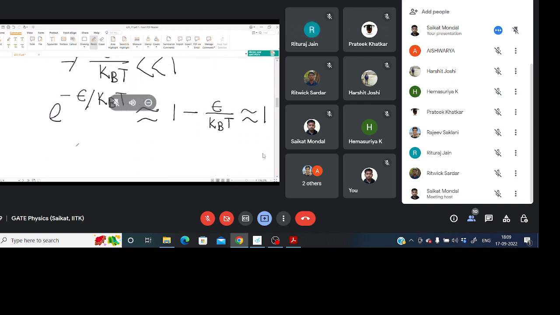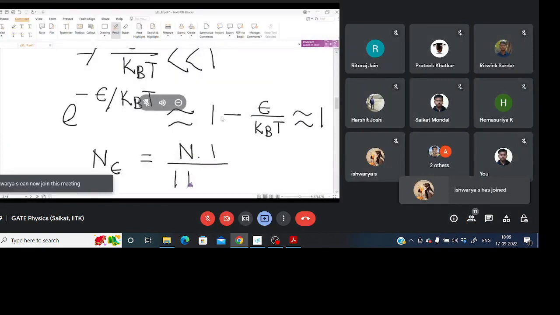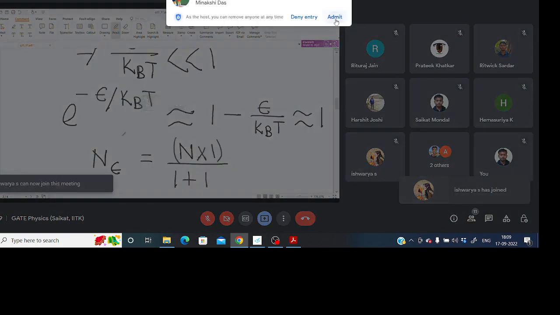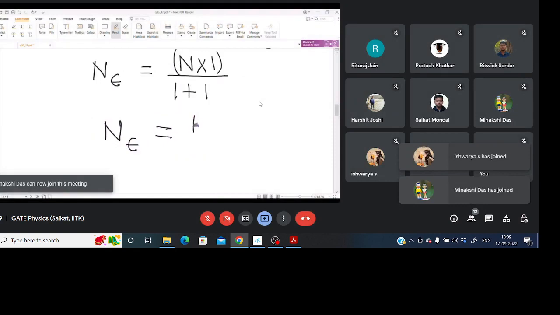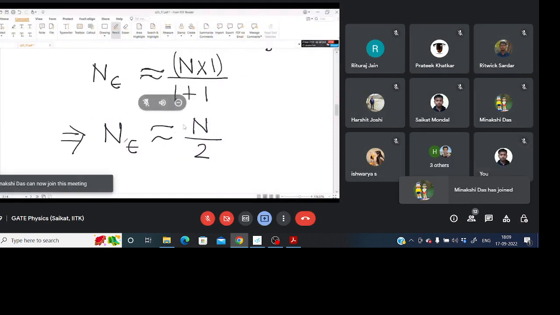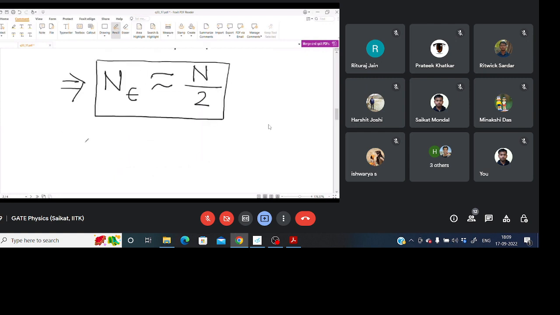Then we get n_epsilon is equal to n into 1 by 1 plus 1. So n_epsilon is found to be n by 2 in the high temperature limit. So the correct answer is n by 2. So option A is correct.